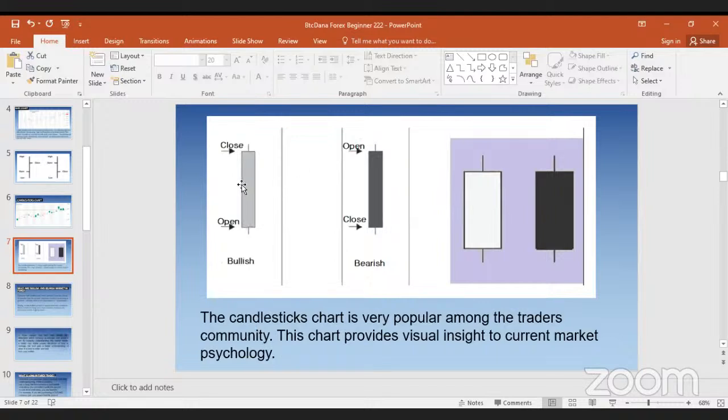The bullish candle opens from the lower part and then closes above. In a bearish market, it opens above and then closes below. The bullish market is always green, while the bearish market is always red. I hope we get that.